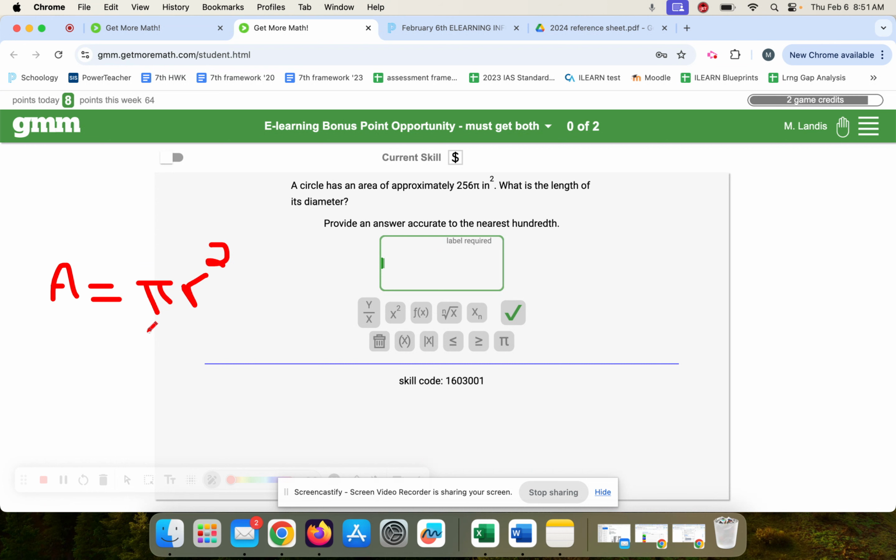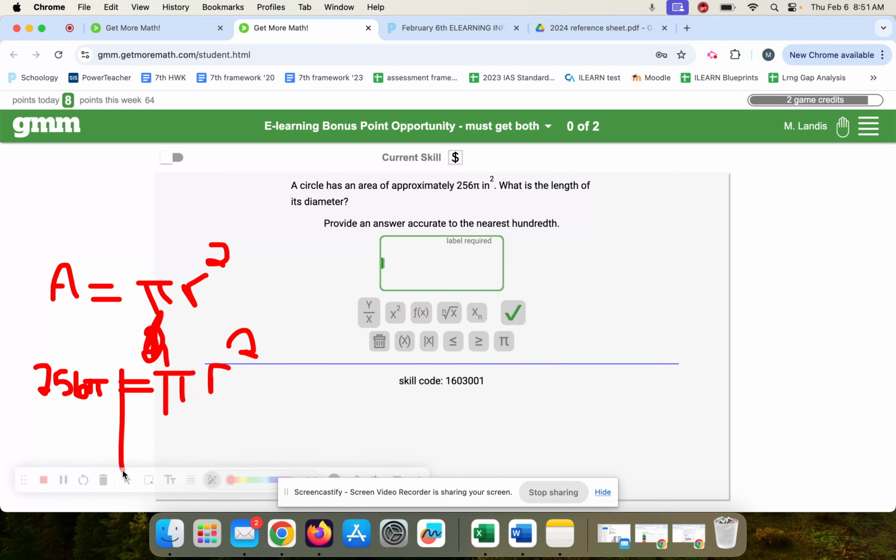So if the area is 256 pi, radius squared, oops, my 256 needs to go on this side. That's the area, 256 times pi. Now, if they're all in pi, they're not near as hard. Equals pi, pretend that 2 is not there above me, radius squared.